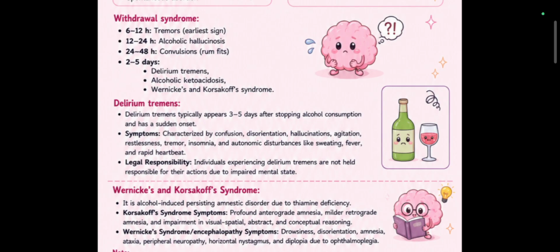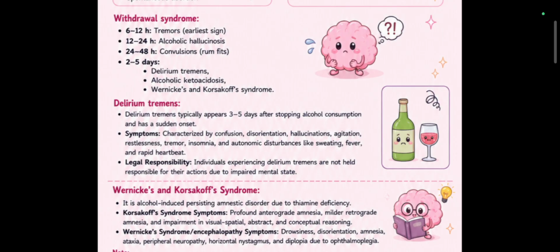So what is delirium tremens? Delirium tremens typically appears 3 to 5 days after stopping alcohol consumption and has a sudden onset, characterized by confusion, disorientation, hallucination, agitation, restlessness, tremor, insomnia, and autonomic disturbances like sweating, fever, and rapid heartbeat. What is the legal responsibility?